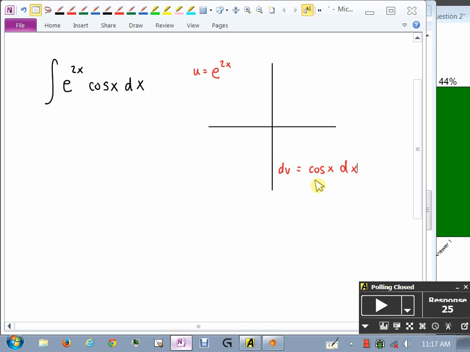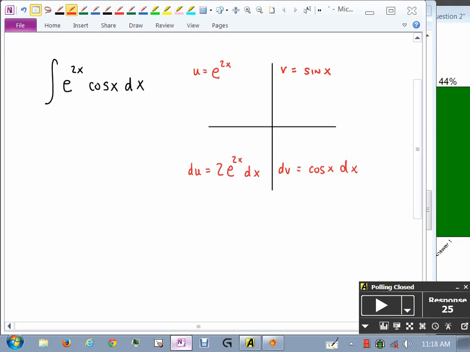There's really not a whole lot more that I'm thinking other than that. And I really do like the derivative of e to the 2x. So let's complete the table. What's du for us here? 2e to the 2x dx, because we took the derivative. And then the antiderivative of cosine x gives us our v, which is sine x.